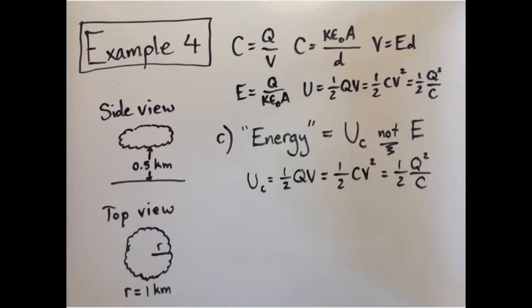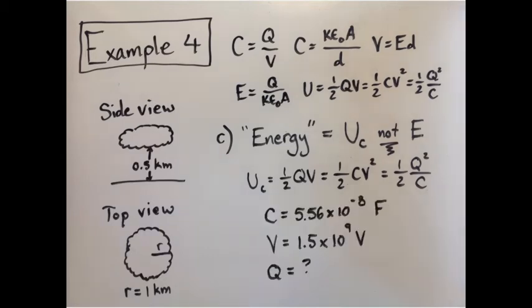So look back over the problem, the parts we've already solved, and see which one of those 3 equations has the things that you already know. We've got C, we've got V, and as I said earlier, we don't actually know the charge. Don't know the charge. So that should guide you to choose which equation.